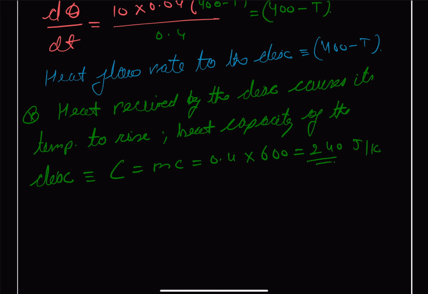Okay. And we know that the rate of change of internal energy is given as C dT by dt, the derivative of temperature with respect to time.